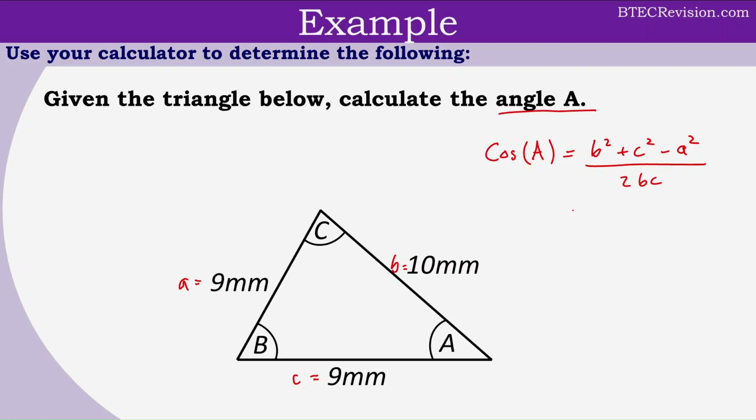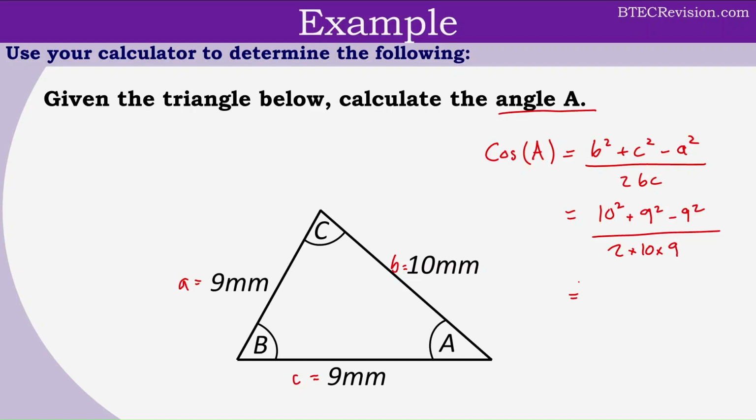Now we can plug in our values. B is 10 millimeters squared plus C, which is 9 millimeters squared, take away A, which is 9 millimeters squared, divided by 2 times B, which is 10, times C, which is 9.